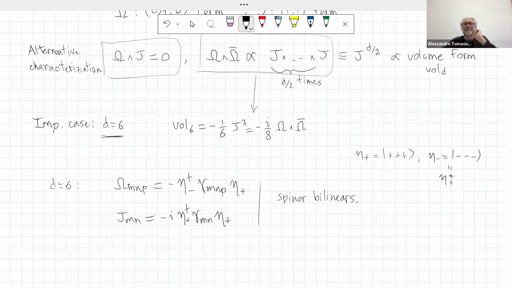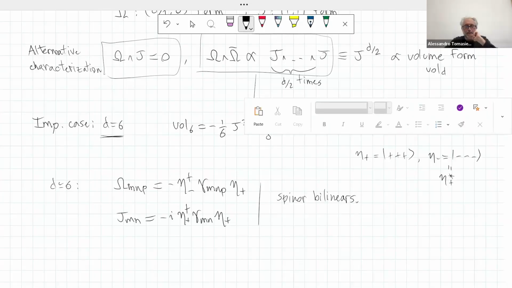Why bilinears? Because they are quadratic; the etas appear twice. You can check that if you put plus plus plus here, minus minus minus here, the only non-zero possibilities here are exactly when the gammas are taken with two lower indices that are non-barred, because after all, the ones that are barred automatically annihilate eta plus.